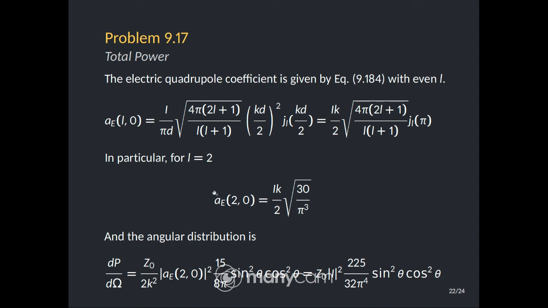So the angular distribution dP d omega is equal to Z0 times I squared times 225 divided by 32 times pi to the power 4 times sine squared theta cosine squared theta.